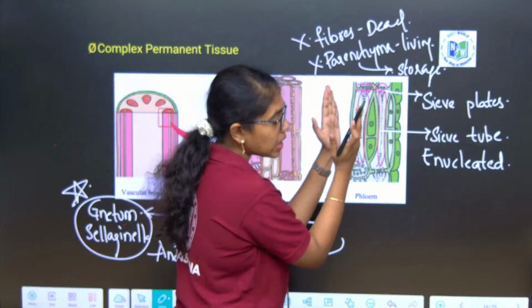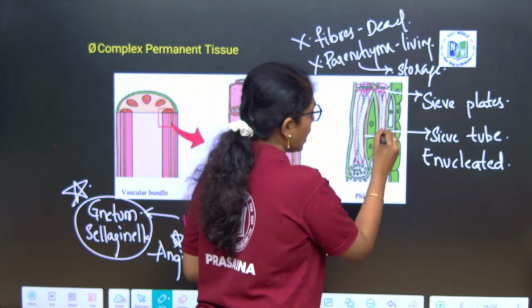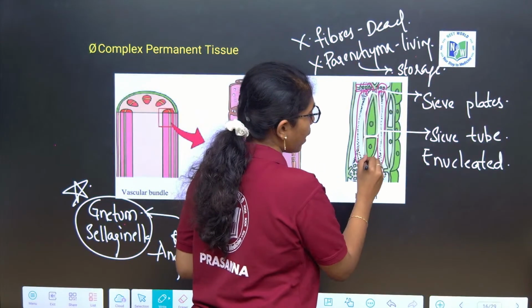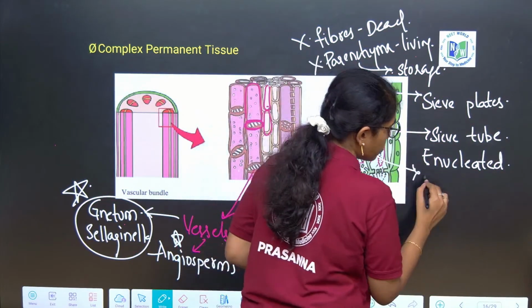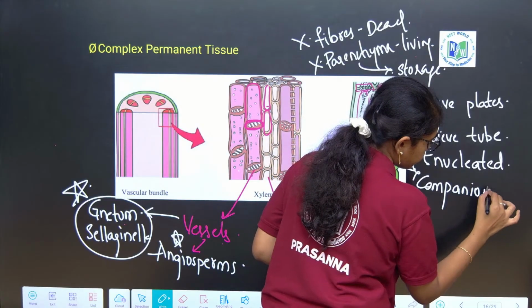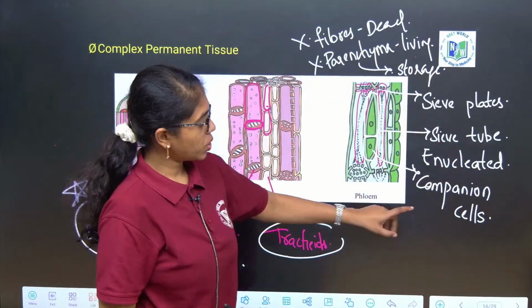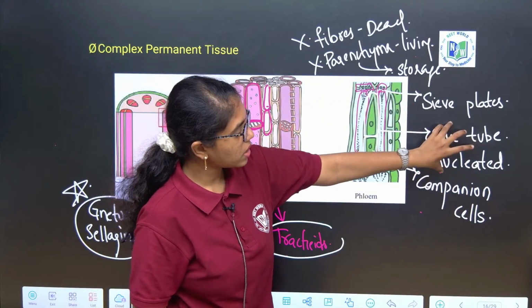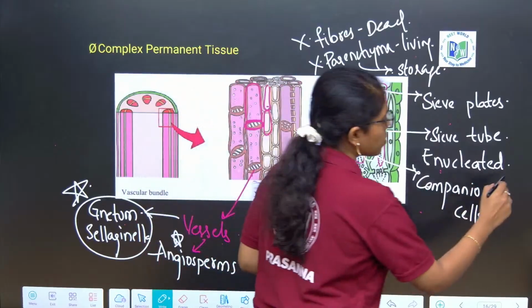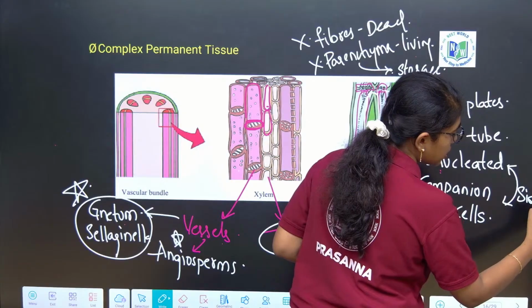But as it is enucleated, the function of the sieve tube is carried out by what? Companion cells. The functions of sieve tubes are carried out by companion cells. That is why companion cells and sieve tube cells are called sister cells.